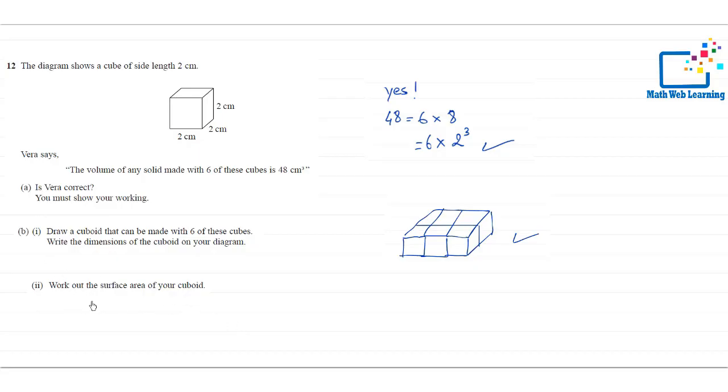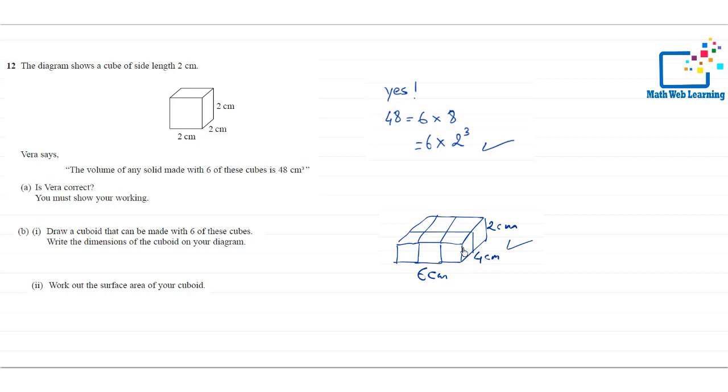Question BII, work out the surface area of your cuboid, this one here. Now our cuboid is 6 centimeters wide, because that's 2, add a 2, add a 2, so that's 6 centimeters. The depth is 4, because 2 and a 2. And the height is 2 centimeters.